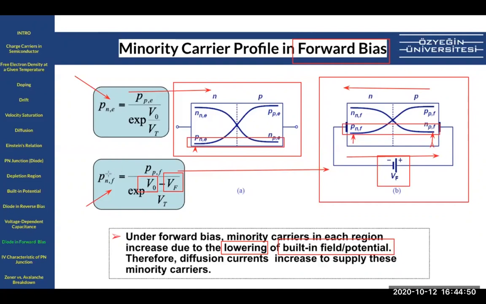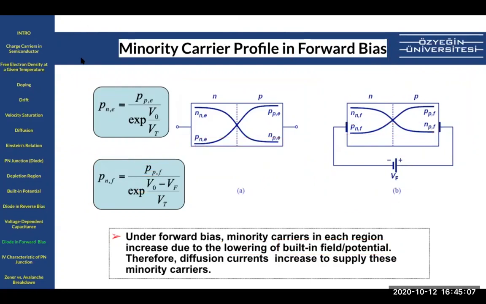So the holes at the N side will be equal to the holes at the P side, as you can see here, because the denominator is 1. In forward junction, what does that mean? This curve will become fixed. It will start to get much more like this, right?